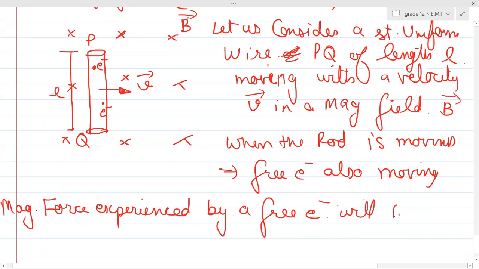So over here the Lorentz magnetic force will be equal to e into v into B. Do you remember qvB sin theta? The angle between v and B is 90 degrees. Suppose this is the electron. So the charge on this electron will be how much? e. We wrote e. Yes or no?